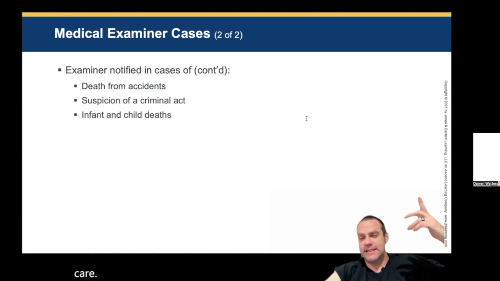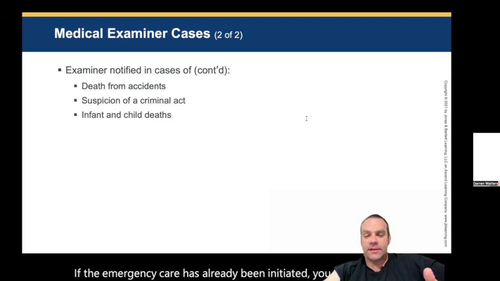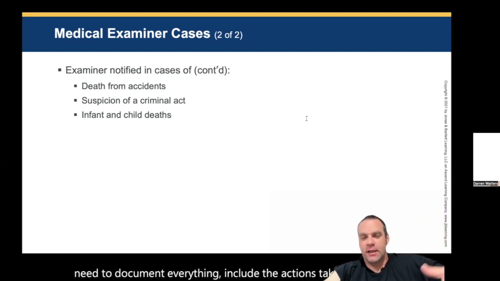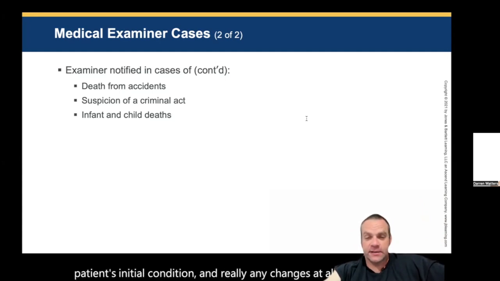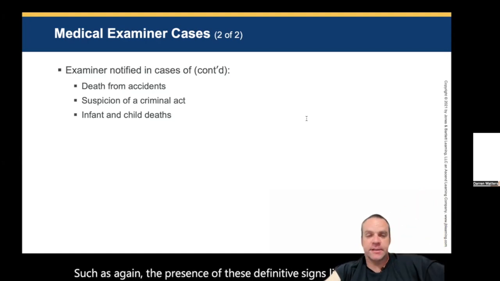If emergency care has already been initiated, you need to document everything, including the actions taken, the patient's initial condition, and any changes at all. Even the absence of treatment must be documented clearly, along with the rationale, such as the presence of definitive signs like lividity, rigor, or a valid DNR.